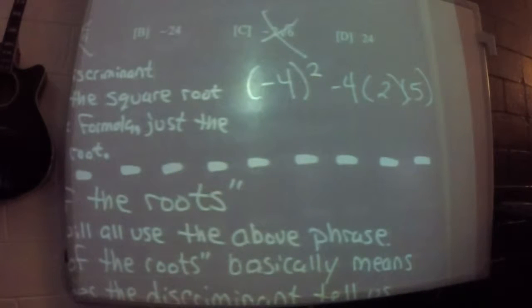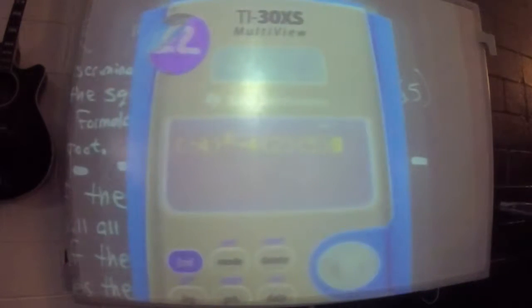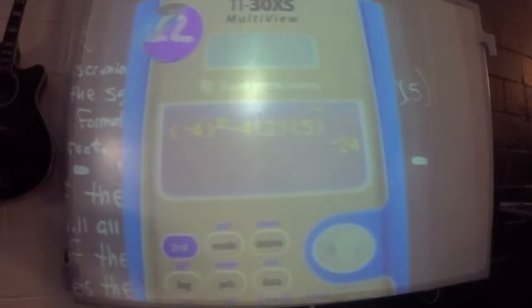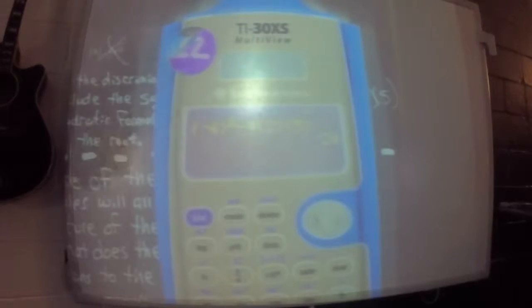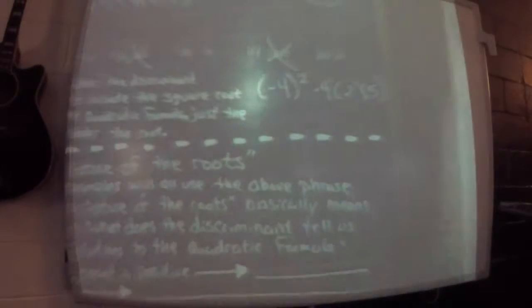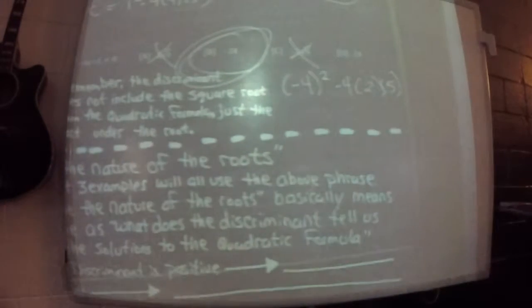So I want negative 4 squared, hugged in parentheses, minus 4 times 2 times 5. And this is going to be my discriminant, negative 24. No roots. This doesn't go under a root. The discriminant is just b squared minus 4ac, part of the quadratic formula. Negative 24.